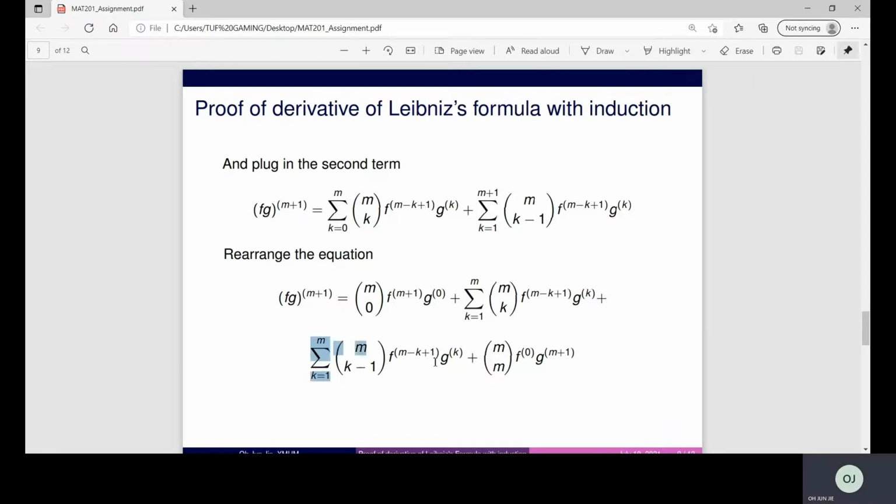So this is the equation from the second term.